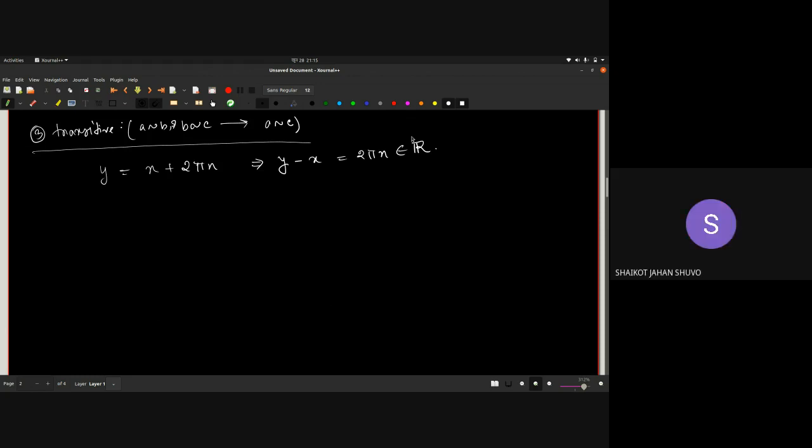So this is what we do at the first line, but what I do right now is something like this. Let's say y minus z, where z is again something that belongs to R, is also related by this equation.